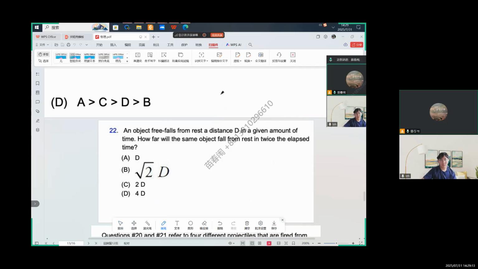Actually, because it's g acceleration, this time is T, this time is 2T. Before, delta y equals 0 times T, because in free fall the initial velocity is 0, plus 1/2 g t squared.